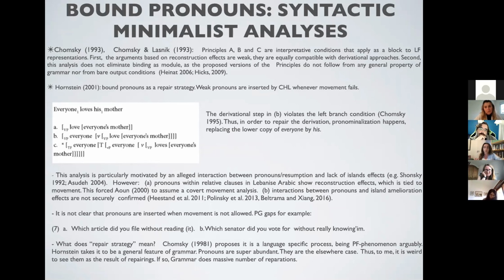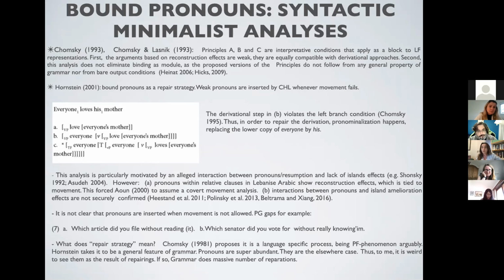In the Hornstein analysis, weak pronouns are inserted by the computational system whenever movement fails. So they are repairs. So here you have his analysis, and the derivational step in B violates the left branch condition. Thus, in order to repair the derivation, pronominalization happens, replacing the lower copy with the pronoun his.